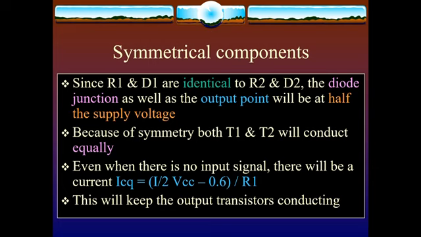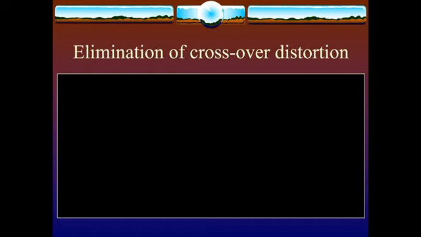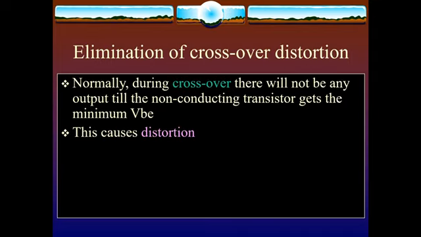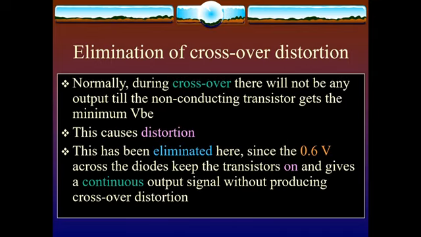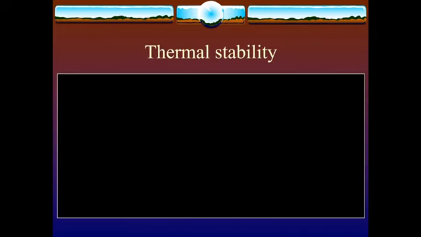There will be a current ICQ equal to half of Vc minus 0.6 divided by R1. This will keep the output transistor conducting. So this is how we can eliminate crossover distortion. We use two resistors and two diodes so that the switchover time is compensated.